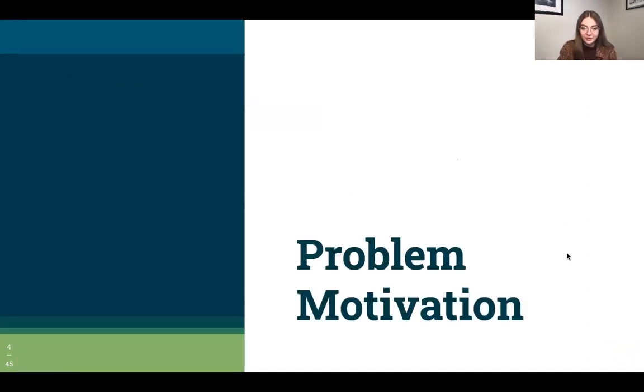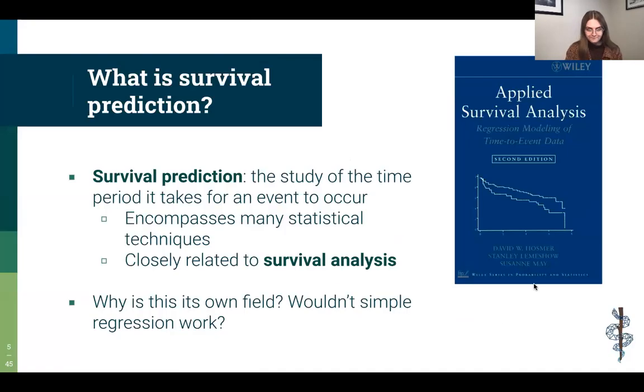Okay, so let's try to motivate this problem here. I first want to talk about what survival prediction is. Generally, this is agreed to be the study of the time period that it takes for some event to occur. And this encompasses many statistical techniques, and now more recently, many more machine learning or artificial intelligence techniques.